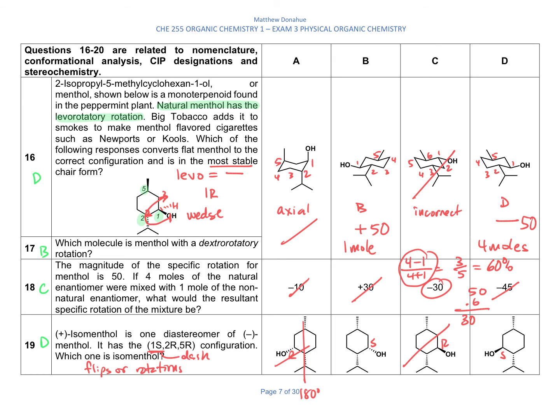So what we can do is move on to the next stereo center, 2, and see if we can do any sort of eliminations like that. So let's start with 2, the isopropyl group. And so here we have H. Now, in this case, we have carbon, carbon, carbon.